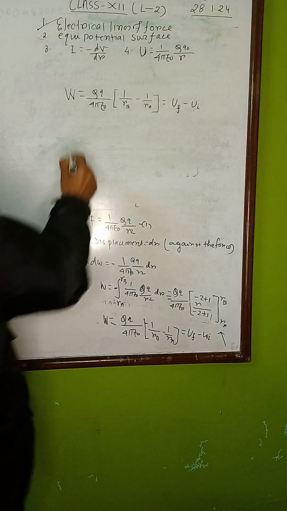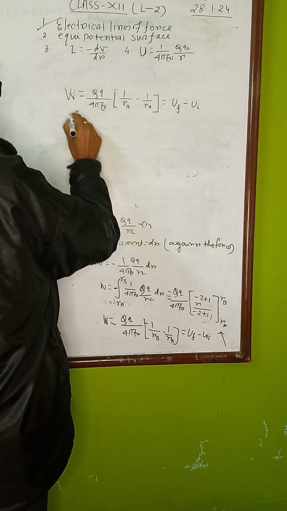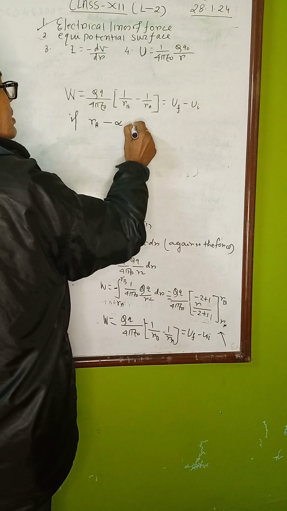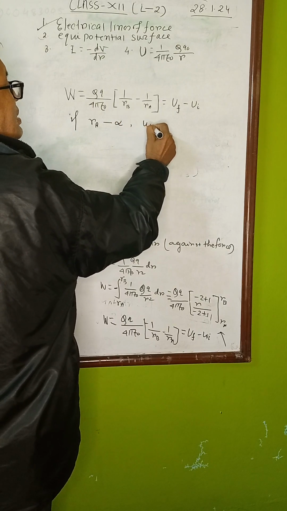The question is, if RA equals infinity, then the initial potential energy Ui equals 0.